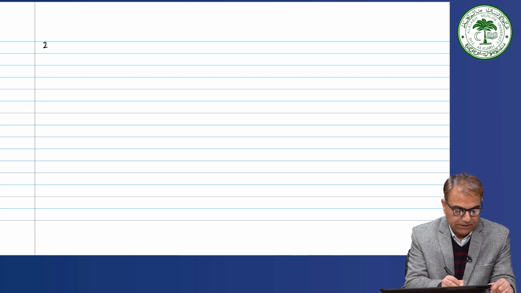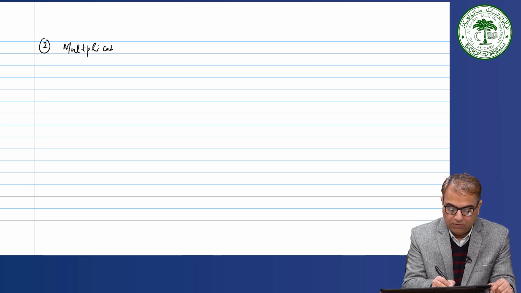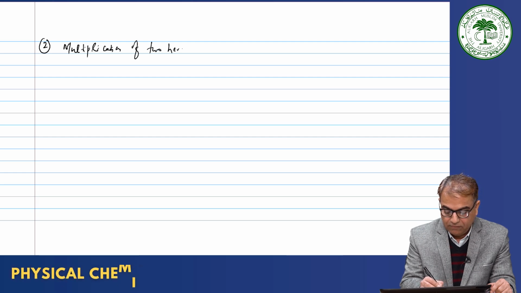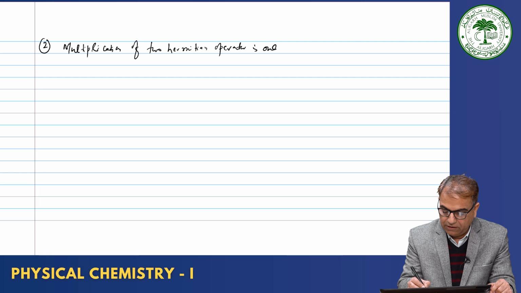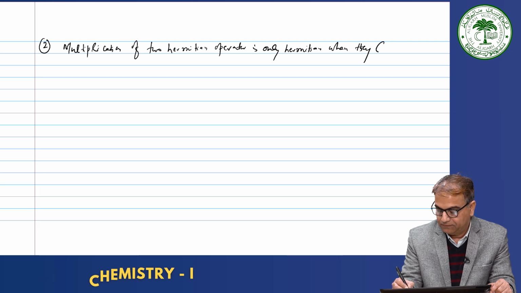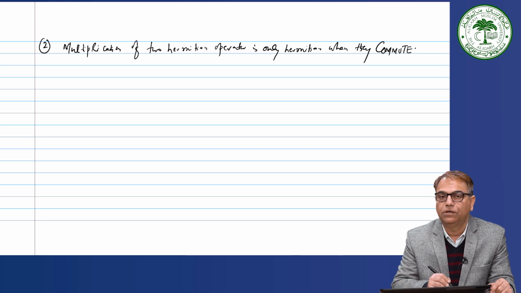The second property is that multiplication of two Hermitian operators is Hermitian only when they commute.